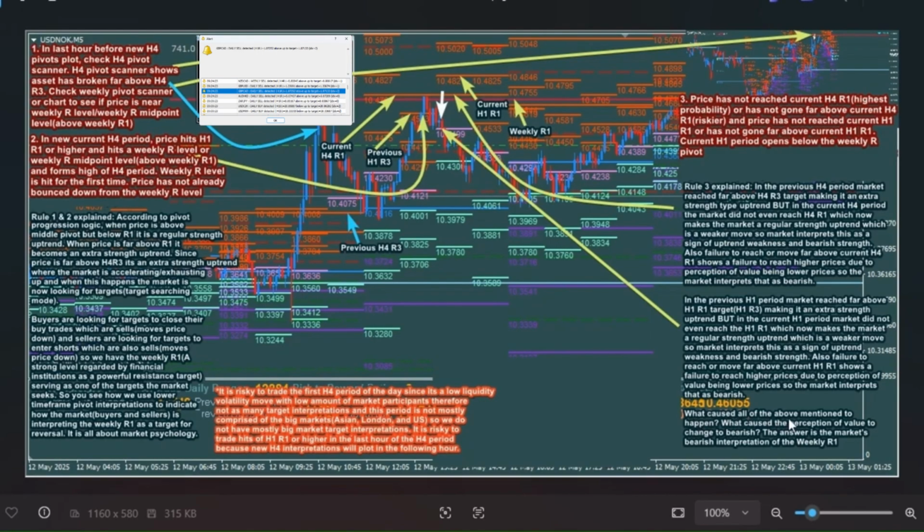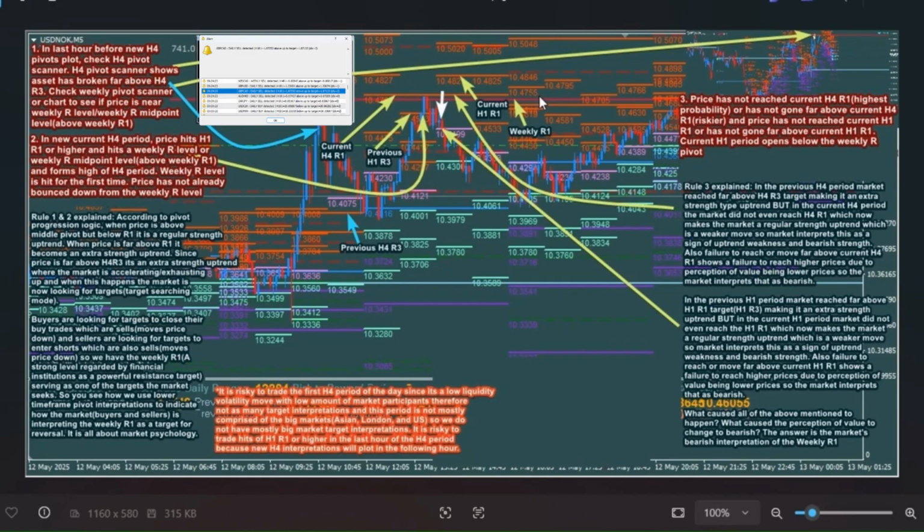So what caused all of the above mentioned to happen? What caused the perception of value to change to bearish? The answer is the market's bearish interpretation of the weekly R1. The reason why the market failed to reach the H4R1, and the reason why the market failed to reach the current H1R1, is because the market interprets the weekly R1 as bearish.